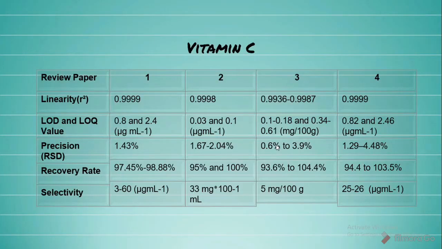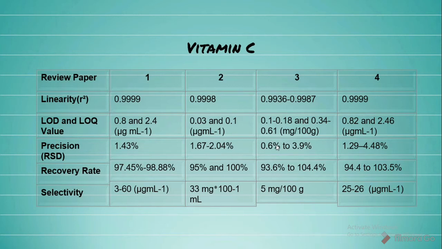For the linearity, for all 4 samples, linearity is quite the same, where the first article is 0.9999 and the second article is 0.9998, and the third article is in the range of 0.9936 to 0.9987, and the last article is 0.9999, same as article 1.